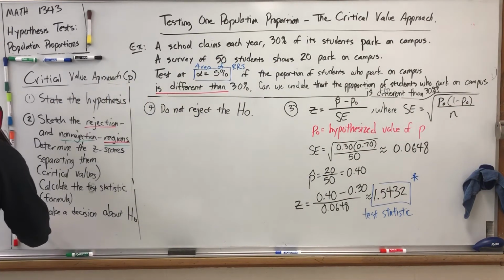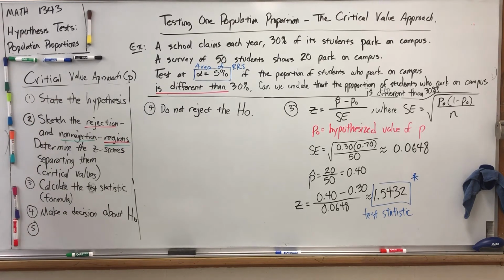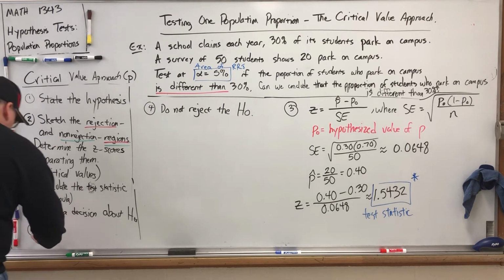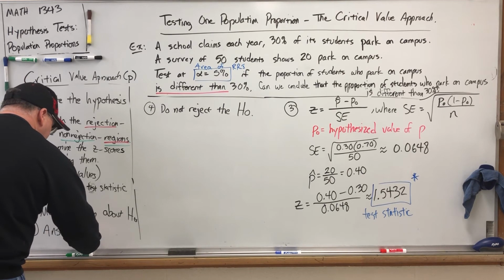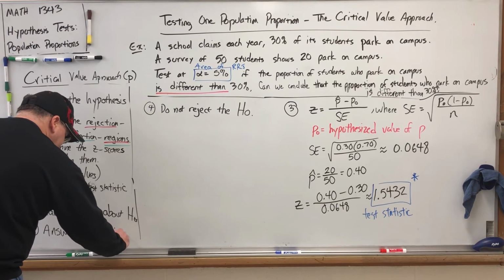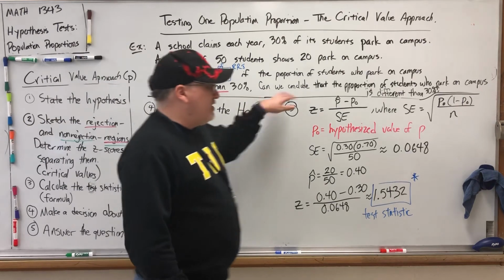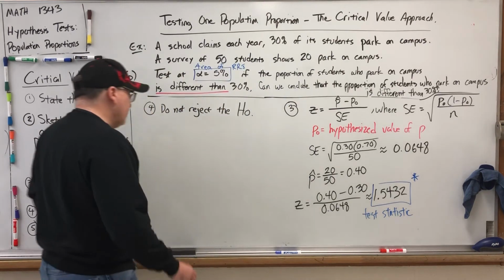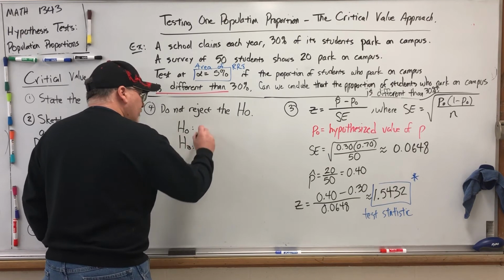Your 5th step, and this is when you think of this not just as a statistics problem in theory, but in application relative to the word problem, your 5th step is to answer the question. And I know that may sound kind of obvious, but you'd be surprised how many people, when I test this, will go through the first 4 steps of the hypothesis test and never bother to answer the question at the end. I'm going to restore the hypotheses just for a moment.